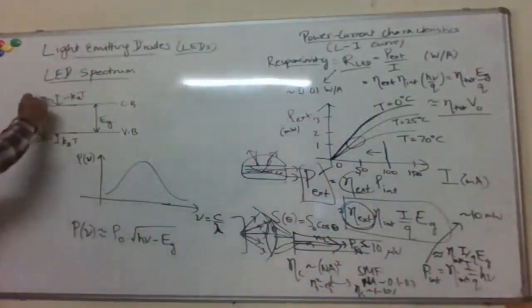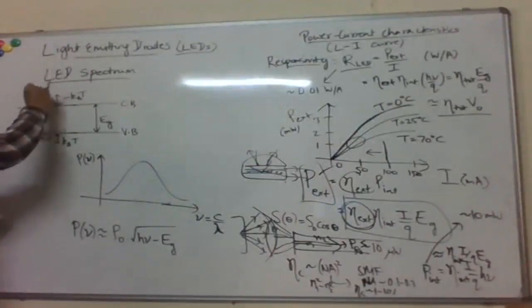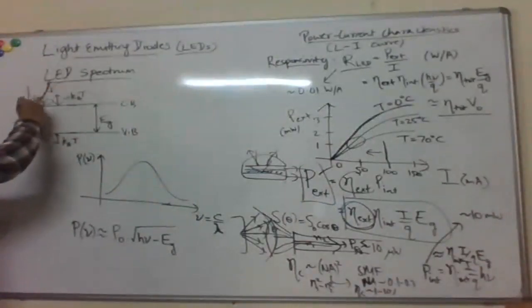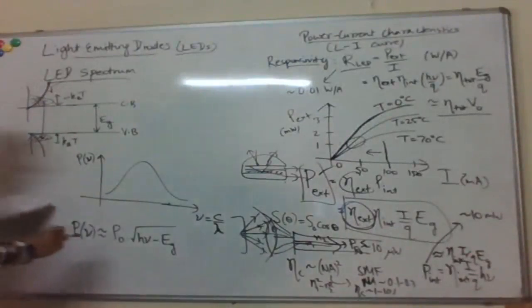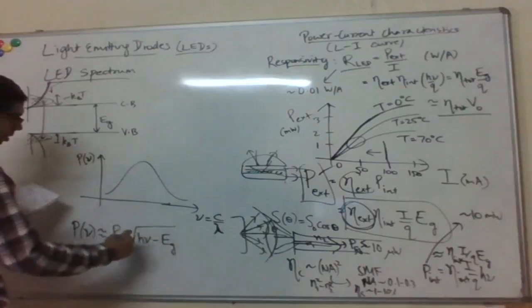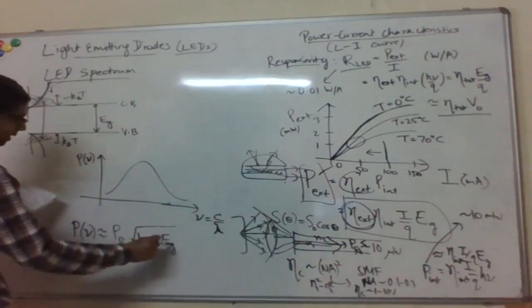So recall that this distribution was coming from a product of two quantities. One was the density of states, which went as the square root of the energy, so that is contributing the square root of the photon energy minus the band gap.